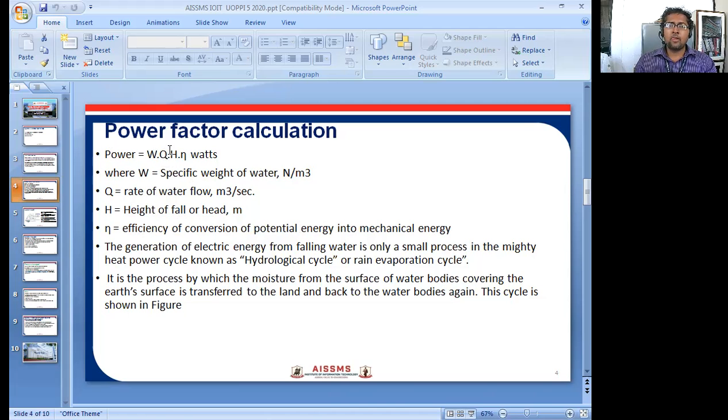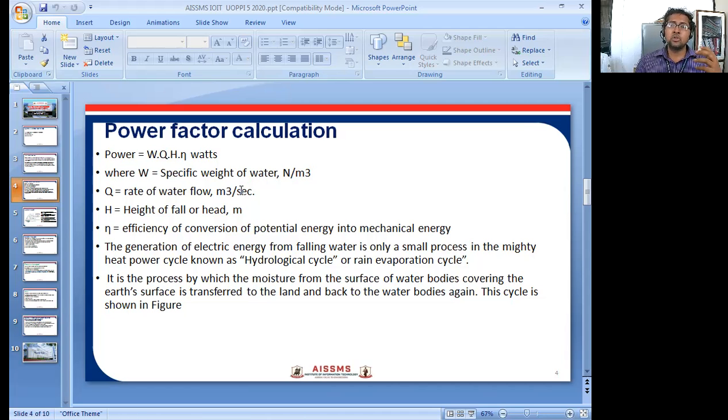Okay. So W is nothing but the specific weight of water. Sometimes we can observe the water falling from the sky to the surface, and there may be a variation in the water cycle depending upon how much water there is and how it falls.